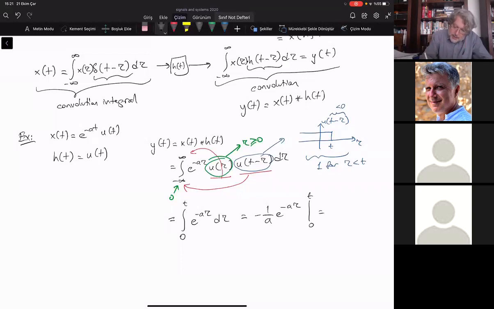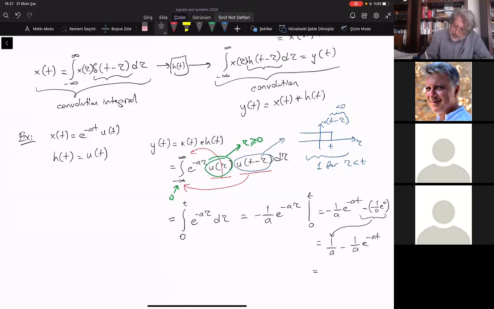So at t, it is minus 1 over a e to the minus a t, okay? And minus, at 0, it is minus 1 over a e to the 0, which will give me, because of these two negatives after the subtraction, this one makes 1 over a, and the other one makes minus 1 over a e to the minus at.